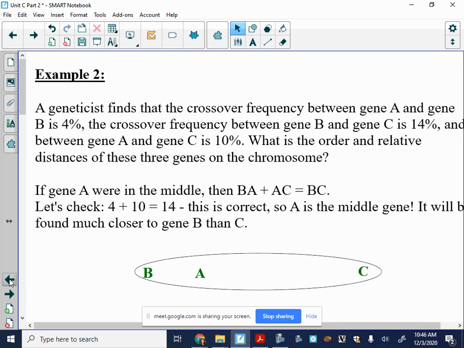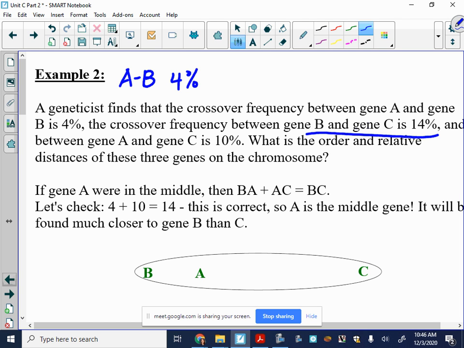Okay, here's another example. Geneticists find the crossover frequency between A and B is 4%. The crossover frequency between B and C is 14%.